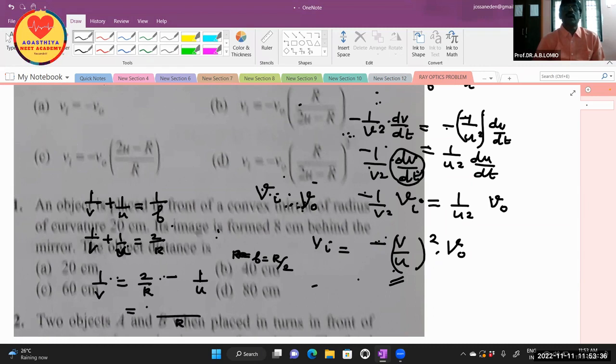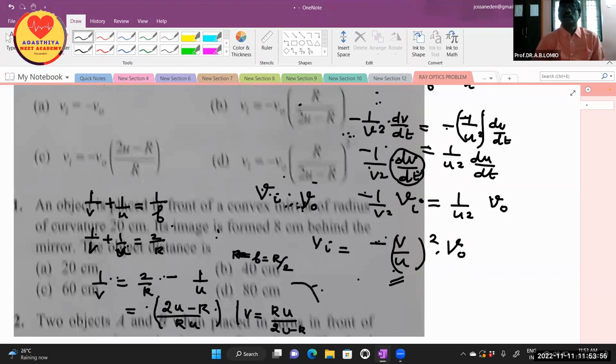Take the LCM, ru, 2u minus r. This is 1 by v. Therefore, finally, v is equal to ru divided by 2u minus r.